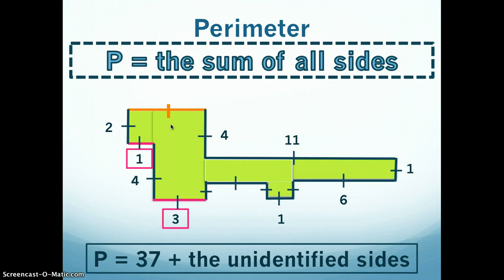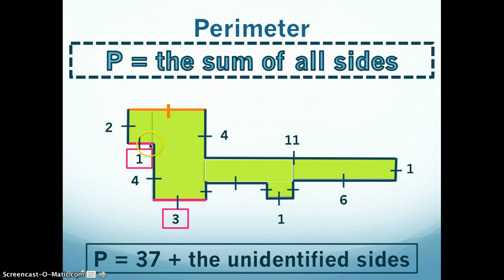Now to find these sides, for example, the orange one at the top, all you need to do is look above it, below it, to the left or to the right, and try to find another length that is exactly equal to it. So for example, if you're looking at this orange guy up here, look below.